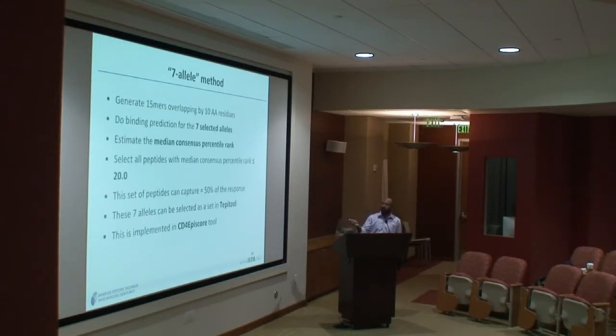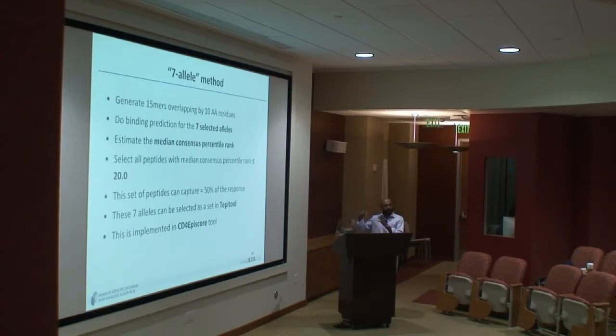So how will you do this? Generate 15-mers overlapping by 10 amino acids from your sequence, and do the binding prediction for the 7 selected alleles. In the previous slide I showed a checkbox where you can select the 7 alleles quickly. Then select all peptides with median consensus percentile rank less than 20, and this set of peptides can roughly capture 50% of the immune response.